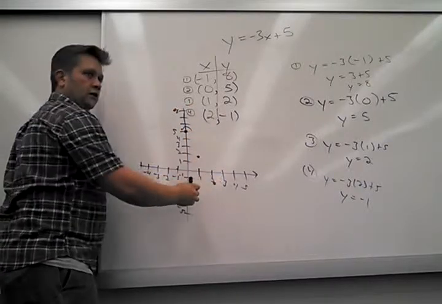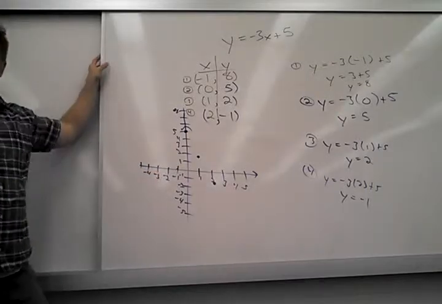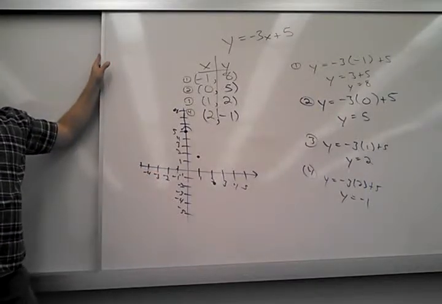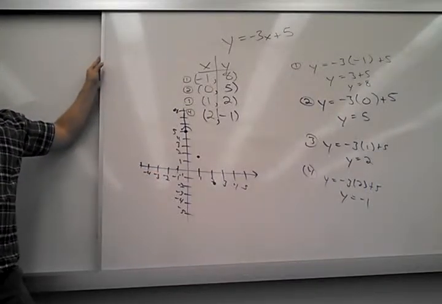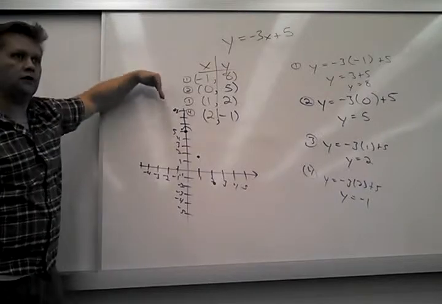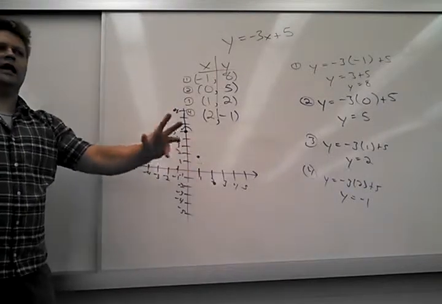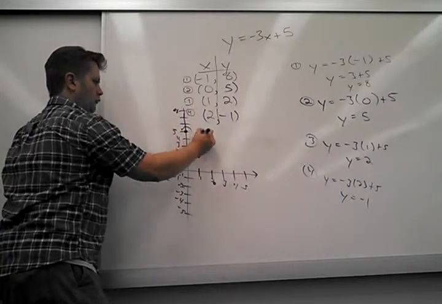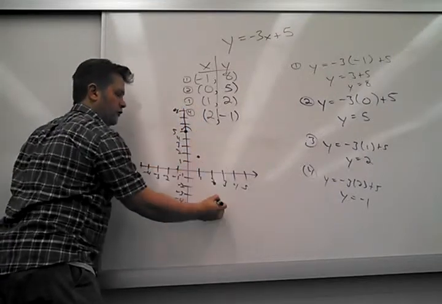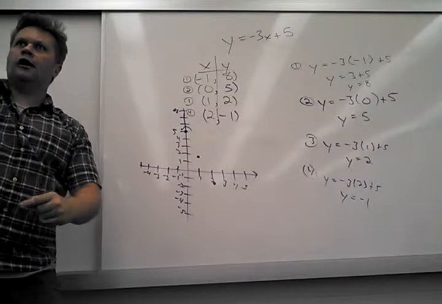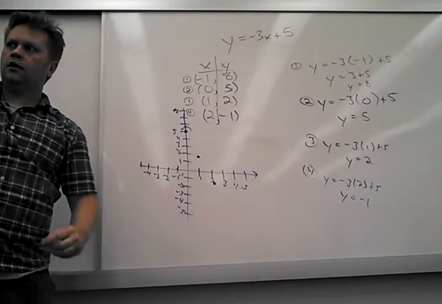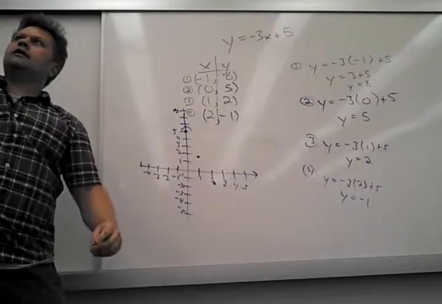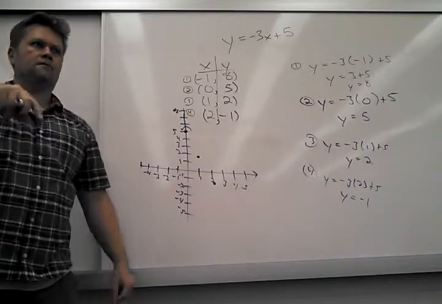Some of you might know that this leads to the idea of slope, the slope of the line. This is a negative slope. It's a straight line. If I suddenly went over 1, down 4, it's not straight anymore. It had a curve to get there. If it's a straight line, it's got to have that same rule every time.